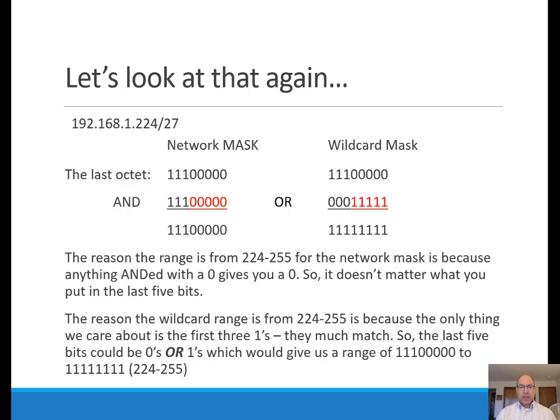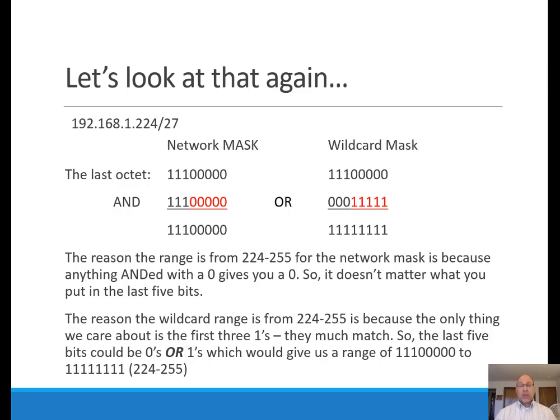The reason that the wildcard range is also 224 to 255 is because the only thing we care about are those first 3 binary positions indicated by the zeros. And up above that, we see those first 3 ones. So the match criteria are those 3 ones. And the mask says, those are the ones that I really care about.